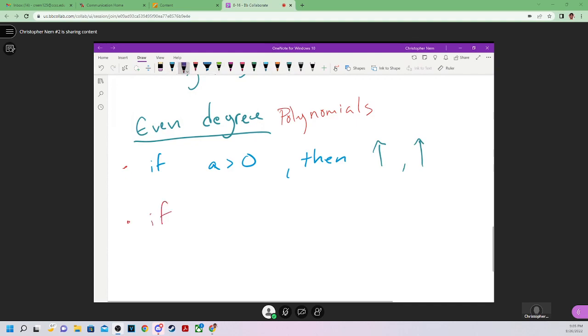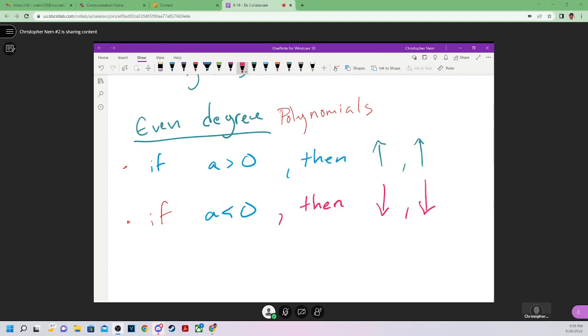If a is negative, though, if our leading coefficient is negative, or if we have a reflection across the x-axis, then the left side is going to go up, the right side is going to go up as well. So the statement is, as x approaches infinity, then y would approach, oh, I'm sorry. This should be reversed. I have to catch myself real quick. I apologize for that.